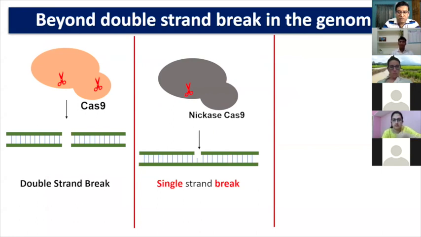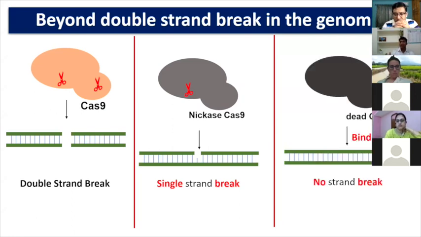The wild type Cas9 has two scissors, two nuclease domains. If you engineer that Cas9, you can make it a Cas9 with a single scissor, so it will make a single cut in one of the DNA strands. That is called a nickase. You can also make it a dead Cas9 by disabling both the scissors. So it is called dead Cas9.